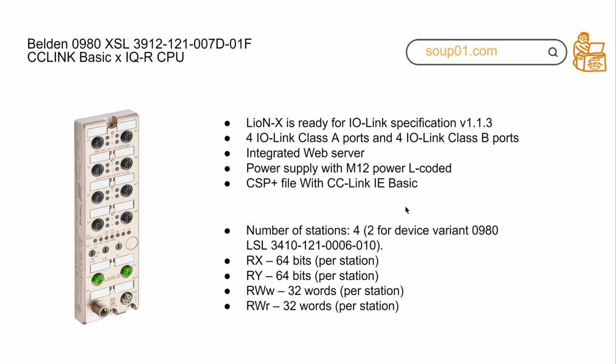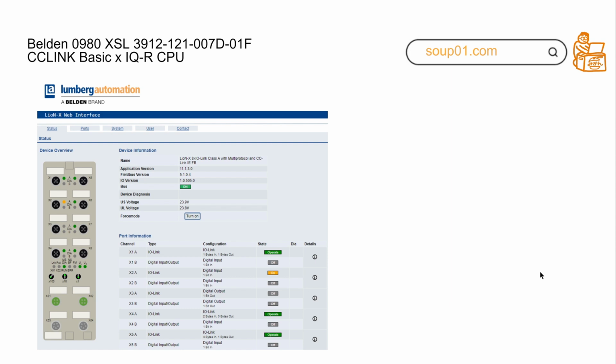Let's explain a bit more about CC-Link IE Basic in this module. The number of stations is 4 by default. You have RX of 64 bits, RY of 64 bits, and RWr and RWw of 32 words each. As I mentioned before, the web server function is integrated in this module, so you can use it to analyze errors and the current status of this module, and you can configure each port to be IO-Link, DI or DO.